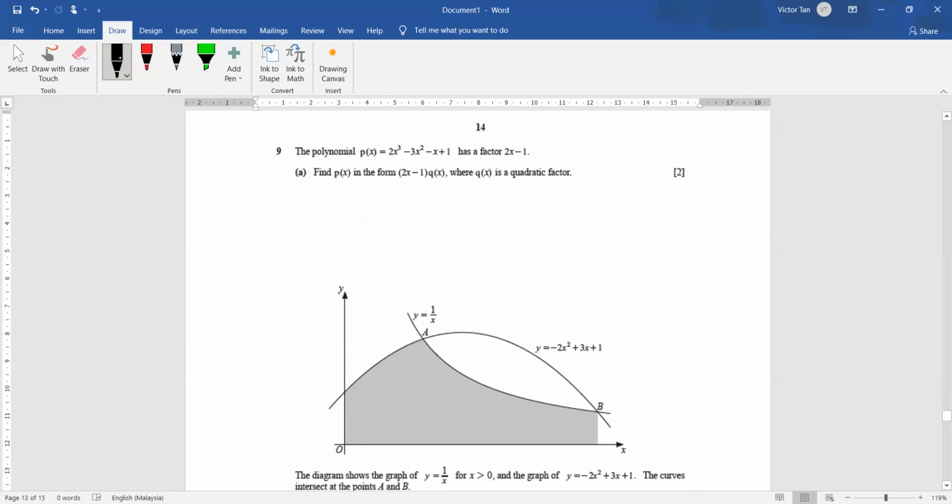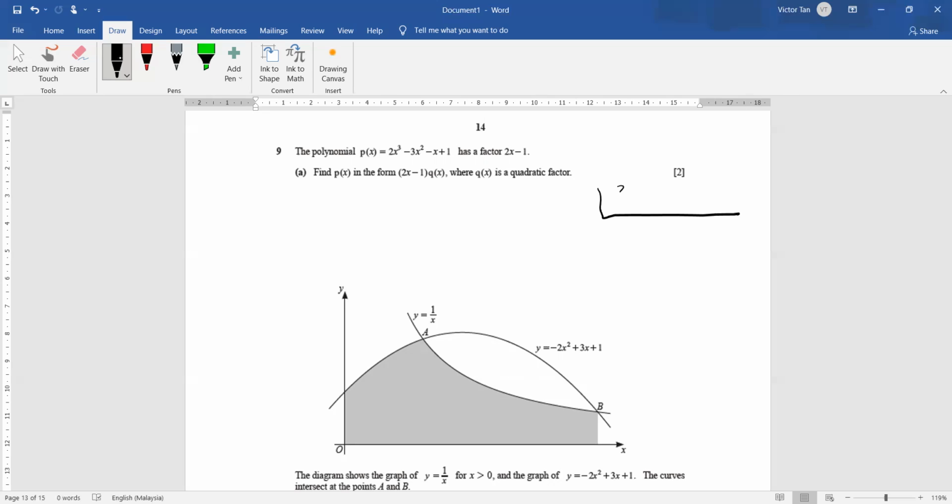The polynomial p(x) is 2x cubed minus 3x squared minus x plus 1 and has a factor 2x minus 1. Find p(x) in terms of 2x minus 1 and q(x), where q(x) is a quadratic factor. You can do a long division or the synthetic division method. I will choose the synthetic division method, which is simpler.